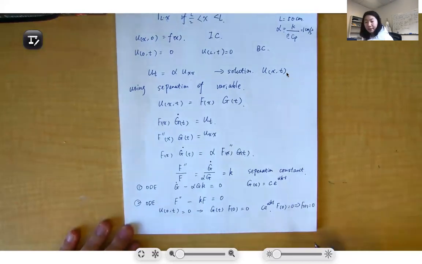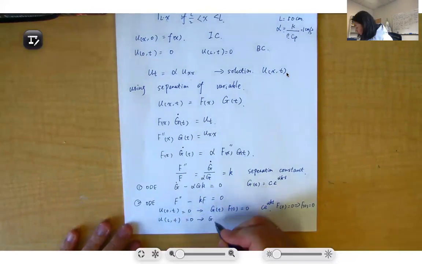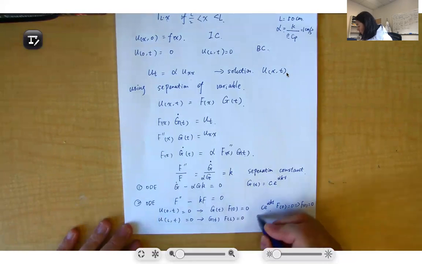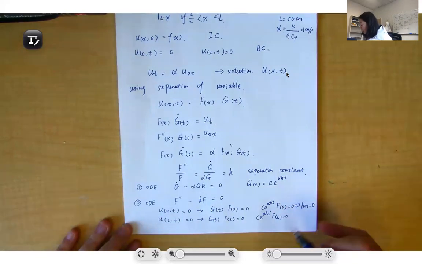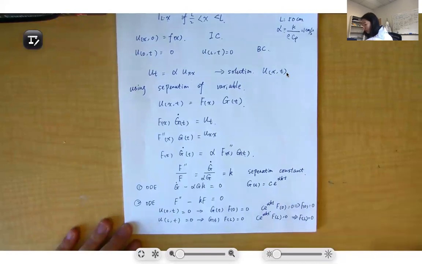Okay, let's see the second condition. u(L,t) equals 0. That means g(t) f(L) equals 0. And g(t) is the same, c e to the alpha kt f(L) equals 0. And since this part won't be 0, similarly as the previous case, that derives the other condition, f(L) equals 0.